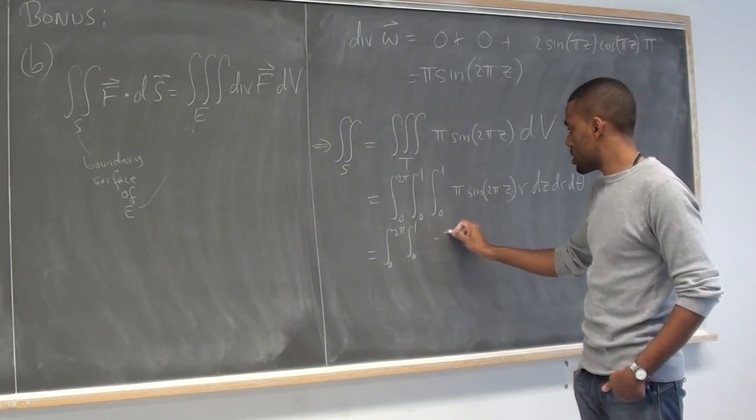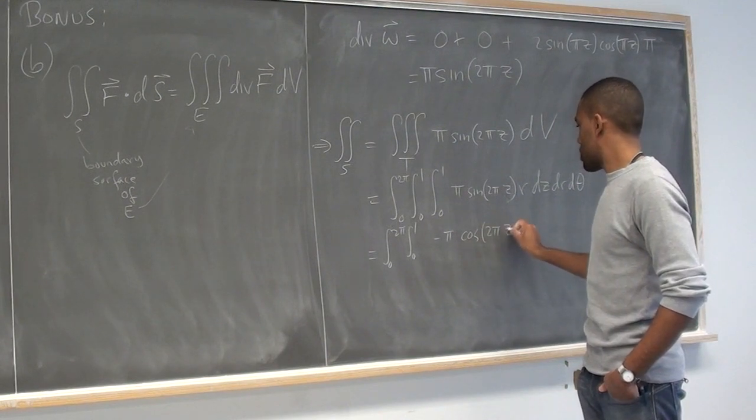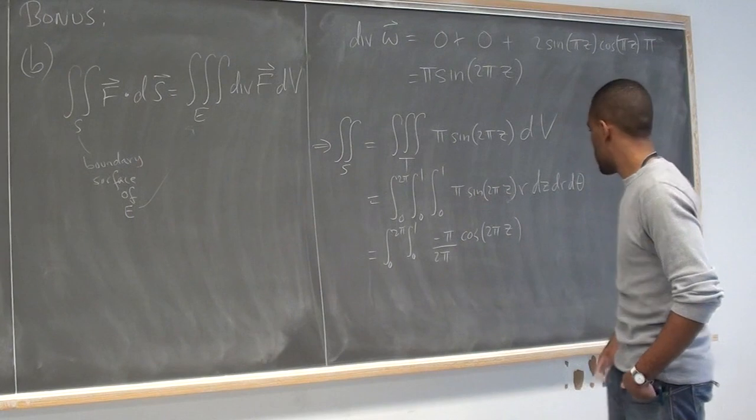Integral of sine is minus cosine divided by 2 pi.